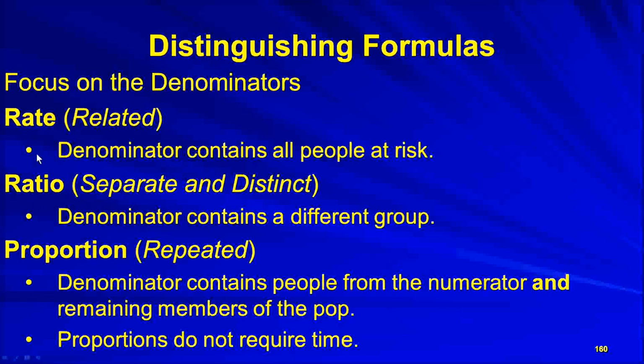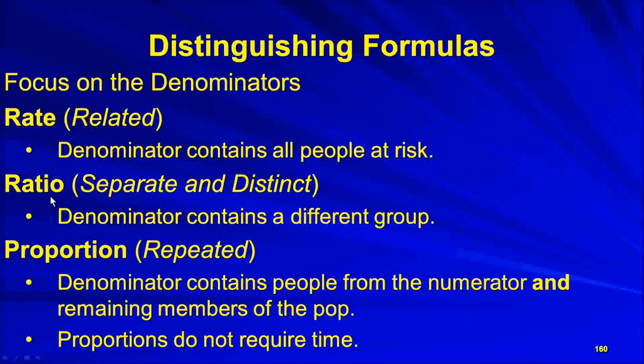Okay? In terms of a rate, we indicate that the numerator and the denominator are related. So the denominator contains all people at risk that are in the numerator. So again, the numerator is related to the denominator.